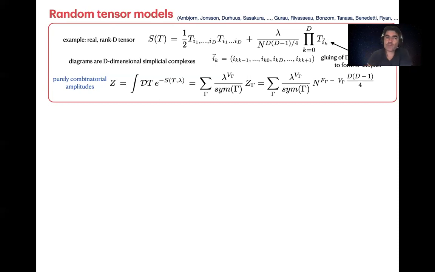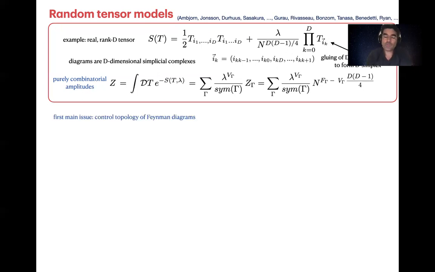Again, the diagrams are going to be d-dimensional simplicial complexes because of the peculiar gluing of the tensors in the interaction term. And because there's nothing else than pairing of indices, identification of indices over a finite set, the amplitudes are purely combinatorial, with the expression given in the formula.